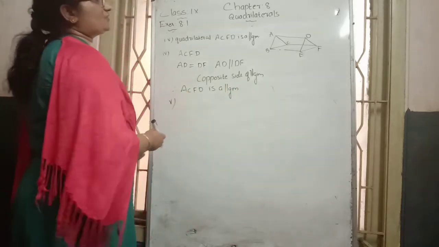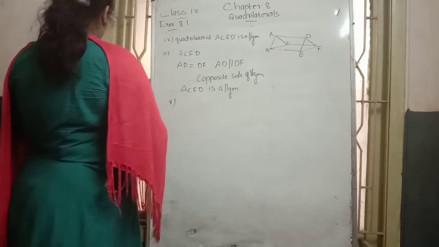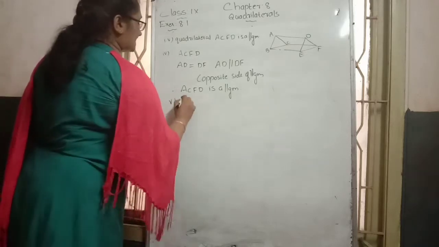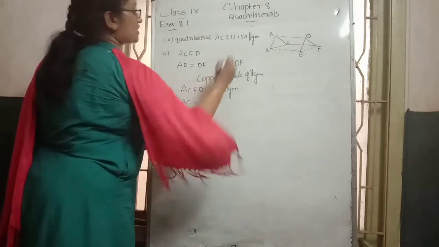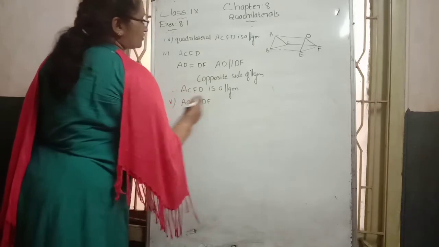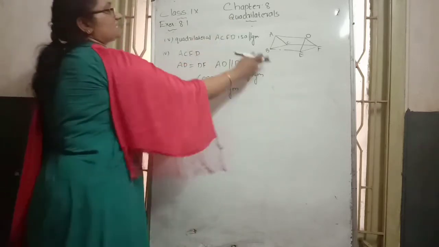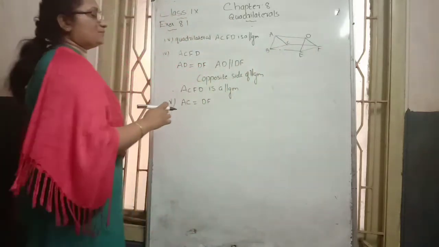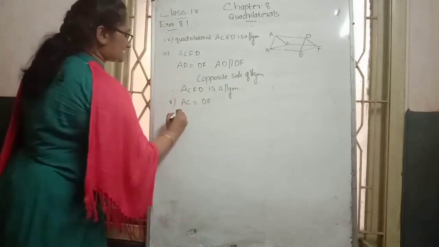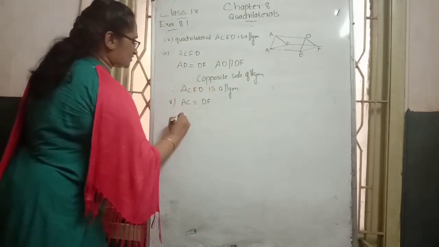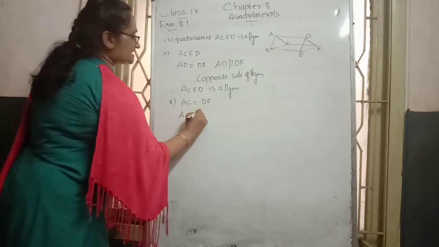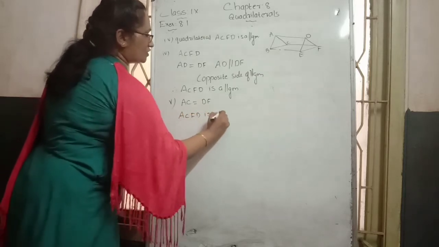Fifth case. How to prove that? The fifth case says to prove that AC is equal to DF. How to prove? AC side and DF side are to be proved. We already proved ACFD is a parallelogram. So we can write ACFD is a parallelogram.